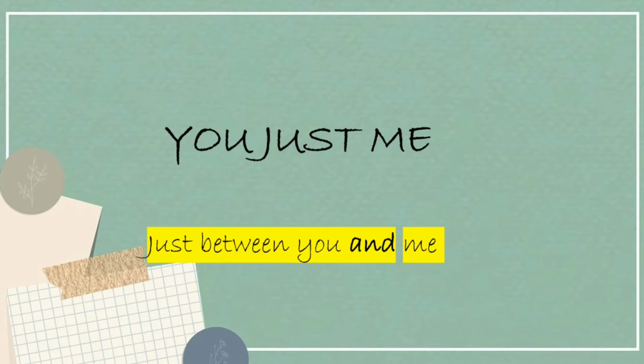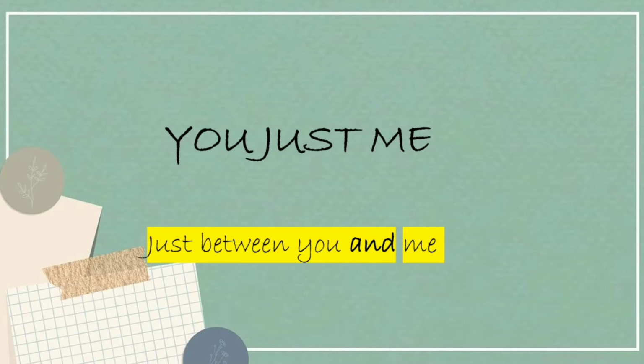At first glance, you might think that these are just some jumbled words without meaning, but this is actually a puzzle word, which means just between you and me. If you may have noticed, the word just is in the middle of the words you and me. So that created the phrase just between you and me.